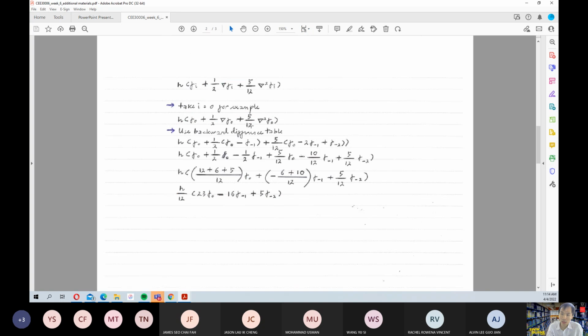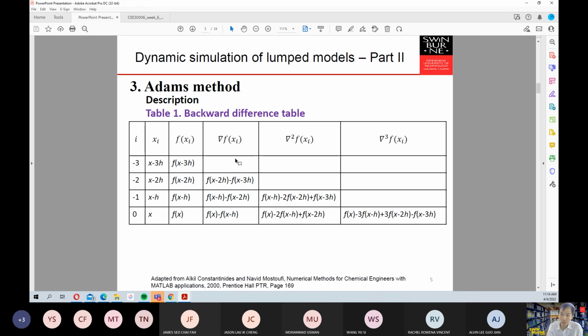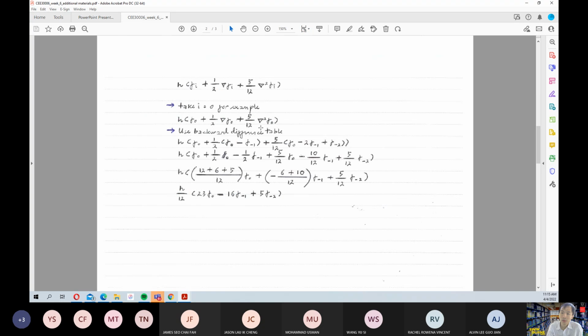So what is this? What is this upside down delta f naught? That will be this one, f naught. So that will be equal to f naught minus f minus 1, right? And then the same with this upside down delta raised to the order of 2 multiplied by f naught.